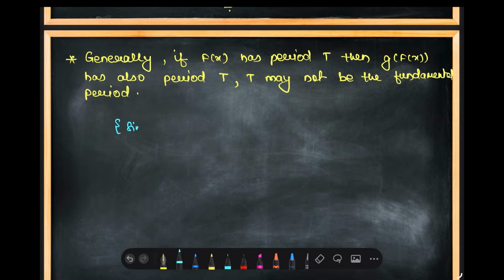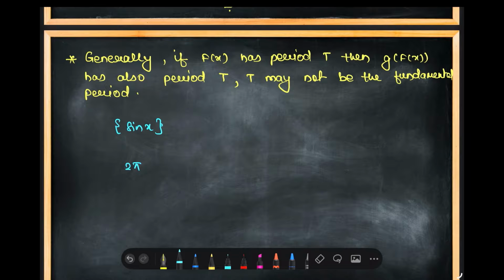Suppose the fractional part of sin x. Who is going inside? The sin x is going inside the fractional part function. So the period will depend upon the function that went inside, and sin x has period 2 pi.